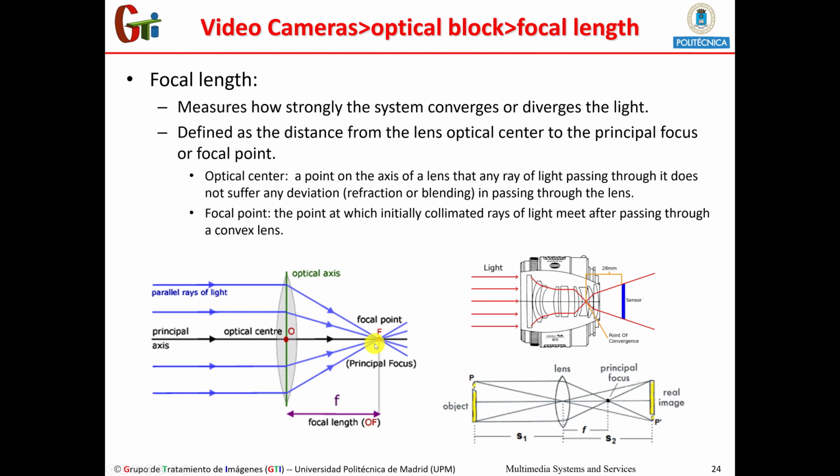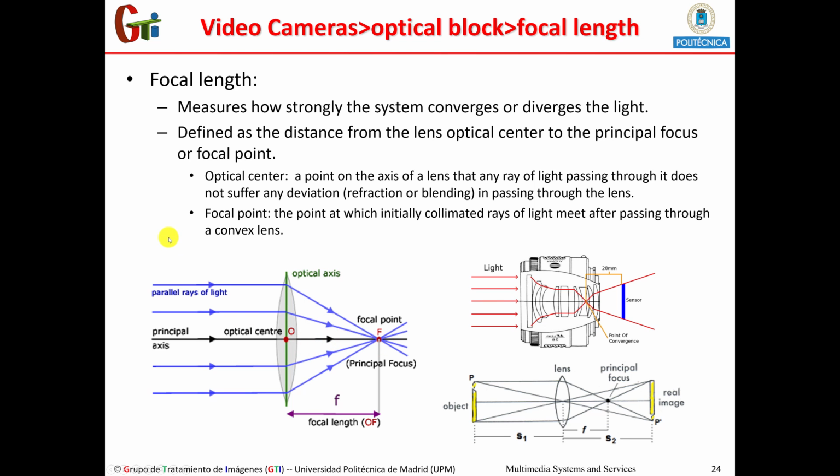And how can we define those points, optical center and focal point? Well, the optical center is a point over the axis of the lens in such a way that any ray of light passing through this point does not suffer any deviation, any refraction, any bending. It just continues its direction from this point.